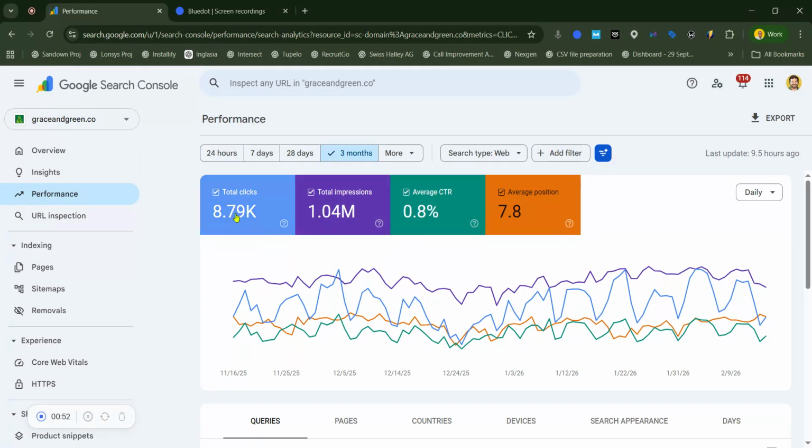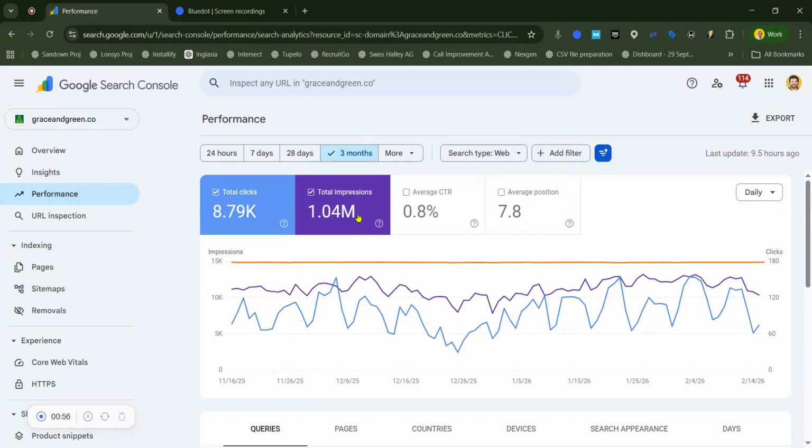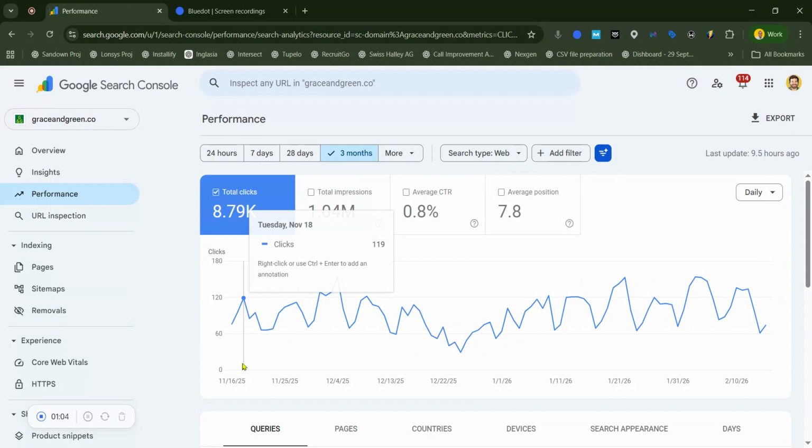Then we turn on clicks and impressions. We'll focus mainly on clicks first because they represent actual visitors, although not every click eventually becomes traffic, but that's another story for another day.